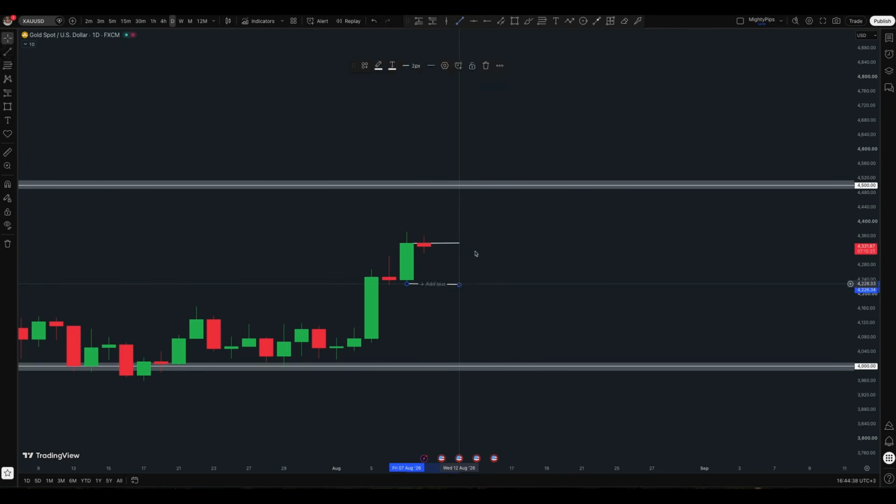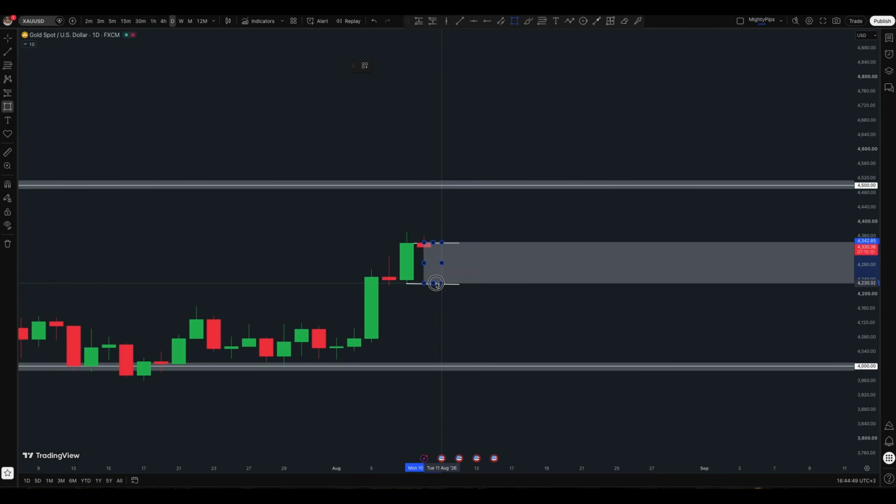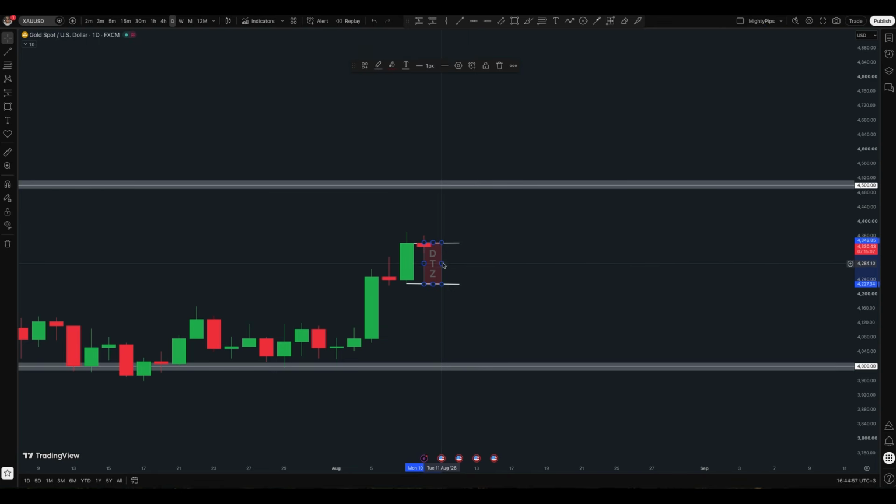That daily candle is showing us a bullish movement, so we have a bullish bias on the daily chart. We put a tradable zone right there and name it daily tradable zone. I've already saved mine, so we can just say daily zone. That one is a DTZ, or daily tradable zone.